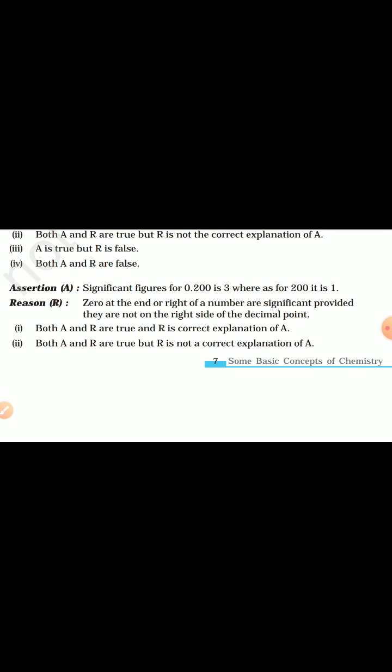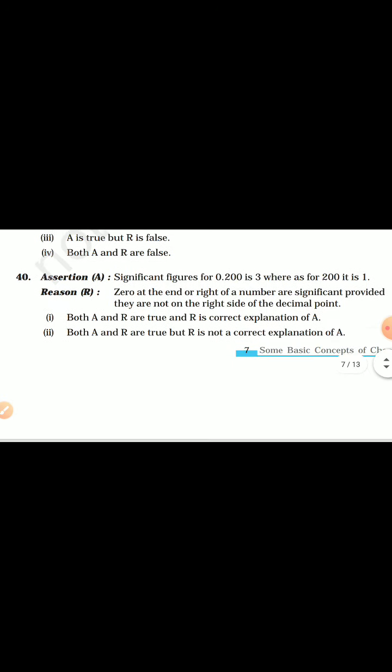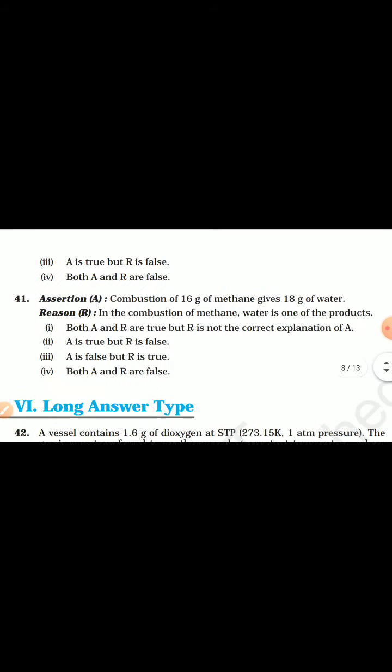The reason is wrong. So the third option, A is true but R is false. A is true because the significant figures of 0.200 is 3, and 200 is 1.